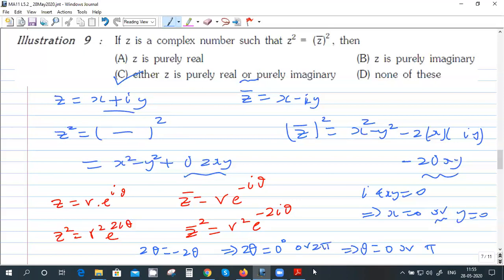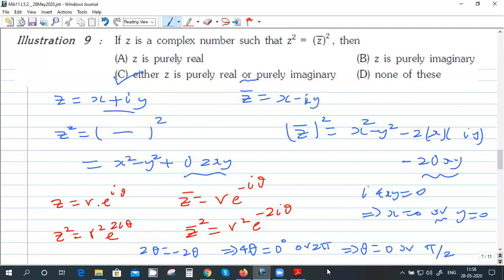This should be 4 theta. Four theta is 0 or 2 pi, so theta is 0 or pi by 2. Okay, pi by 2 is in the y-axis. That's a purely imaginary number. 0 is in the x-axis, so it's a purely real number.